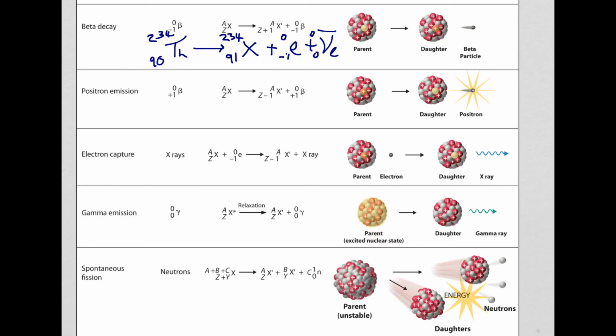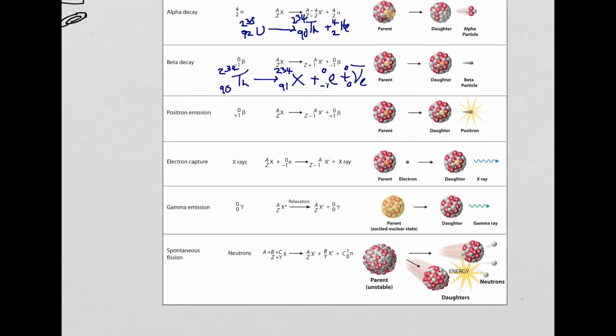It might give out its energy as gamma, leaving behind the same atom but with a little bit less energy, which we'll look at in the coming lessons. But we don't actually bother doing that as an equation because it's not overly important. We'll look at positron emission and electron capture when we look at Feynman diagrams, and fission we'll look at in the second half, in the year 13 half of the course.